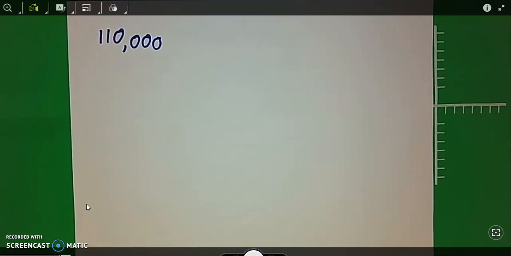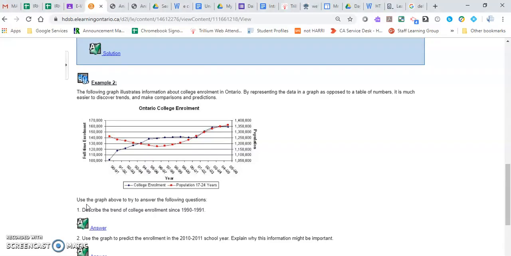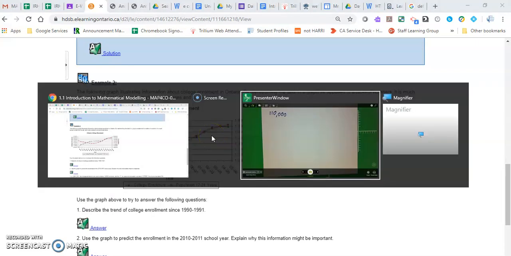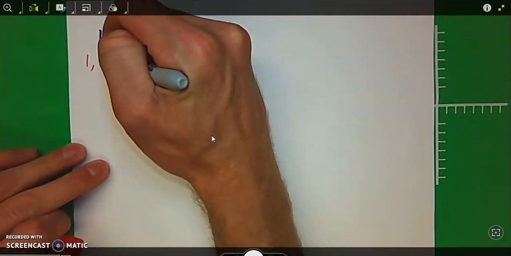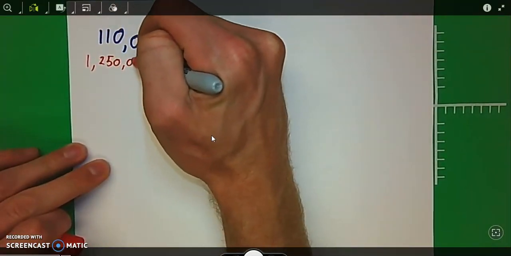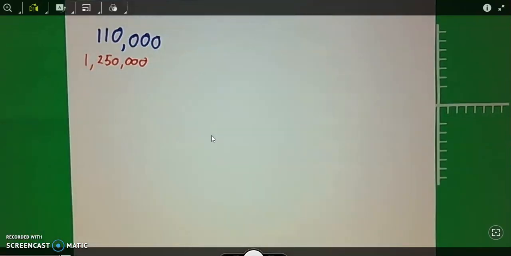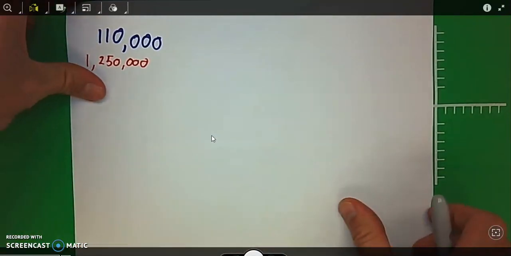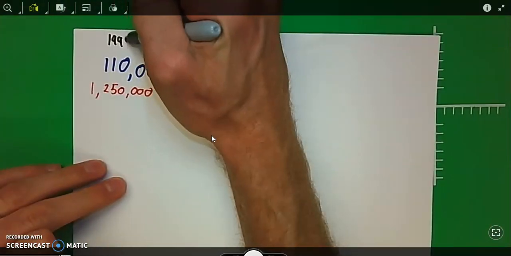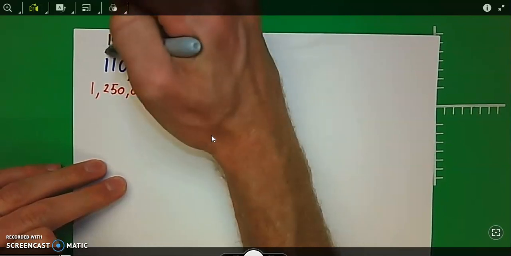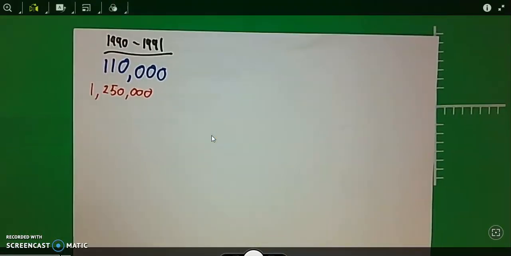The other bit of information is the information in red, which was that in 1990-1991, we have 1,250,000 17 to 24-year-olds in the total population. So that's 1,250,000. And all this information is for the enrollment year 1990-1991.